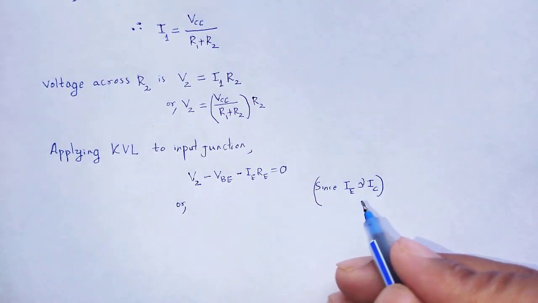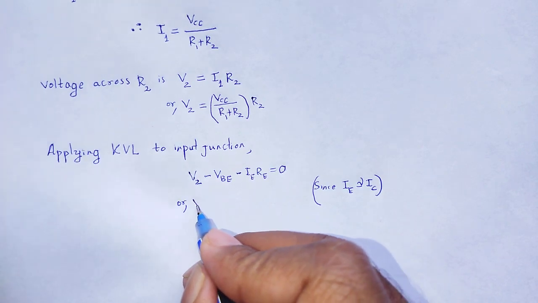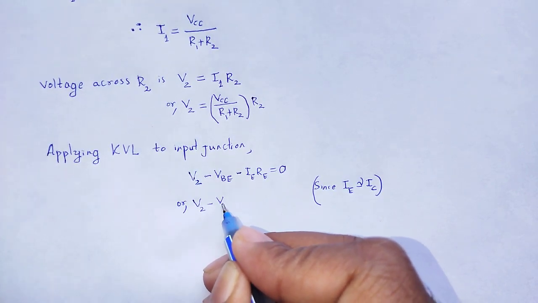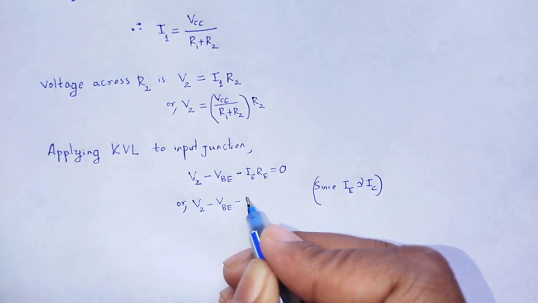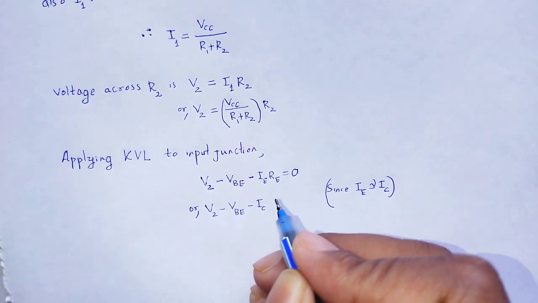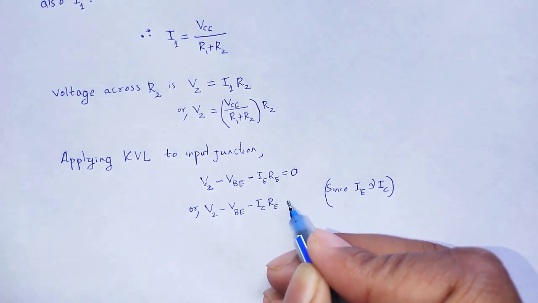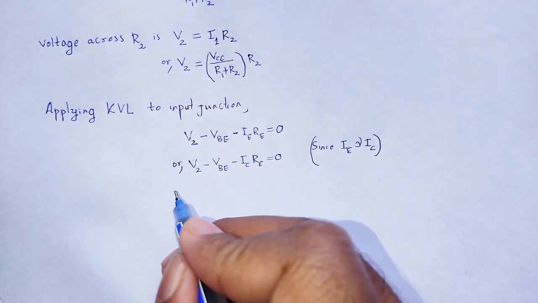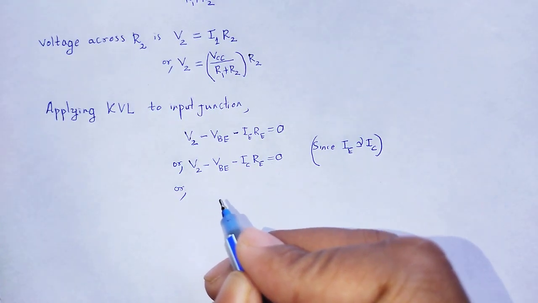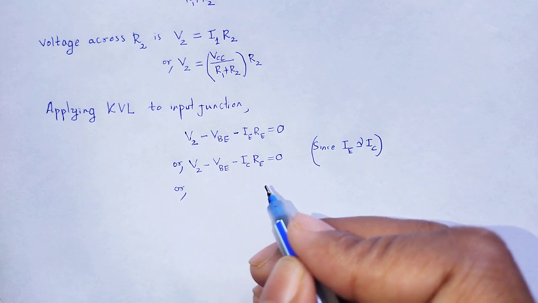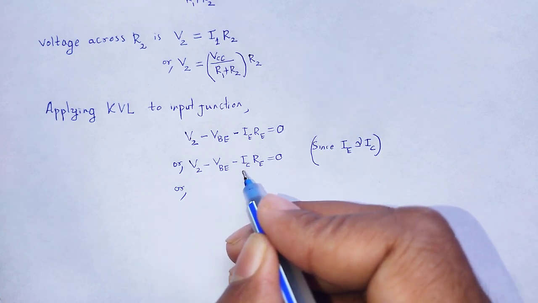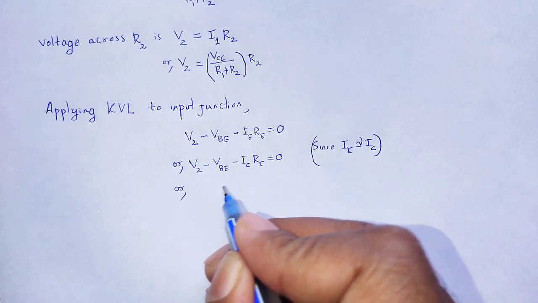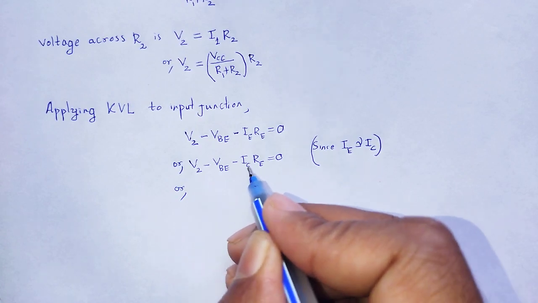Instead of IE, we can substitute IC: V2 minus VBE minus IC RE is equal to 0, or the value of IC we can evaluate.